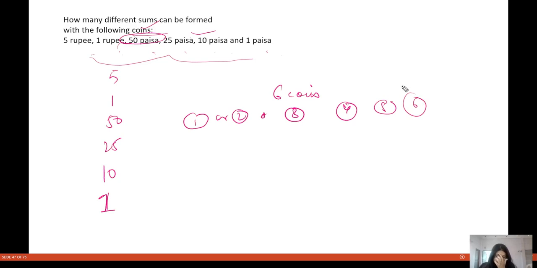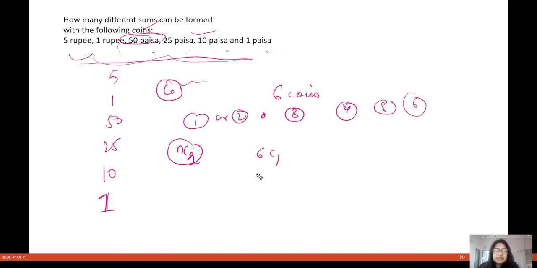So we did one thing, the number of combinations possible. When you are selecting only one, you can do this in how many ways? 6C1 ways, because you have 1 2 3 4 5 6.